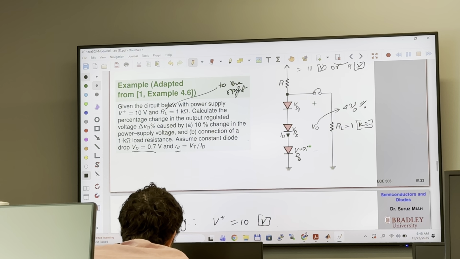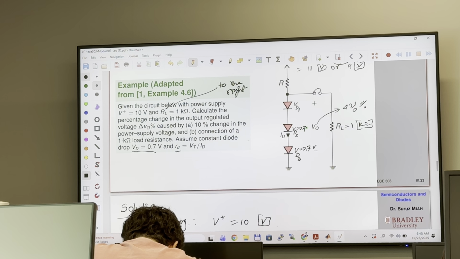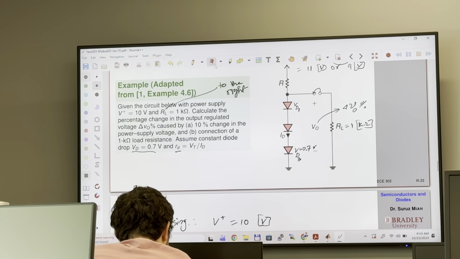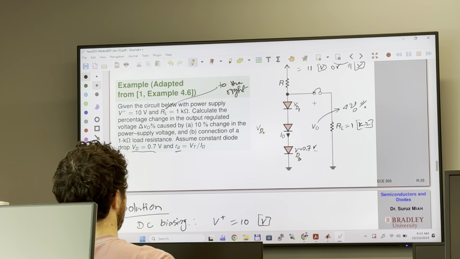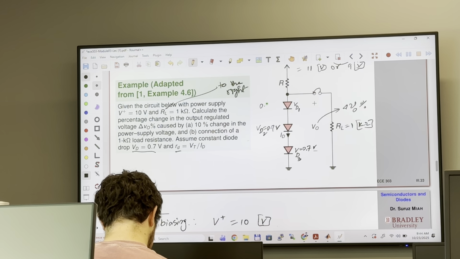So this is going to be 0.7 volt, 0.7 volt, VD2 is going to be 0.7 volt, and this is going to be 0.7 volt.